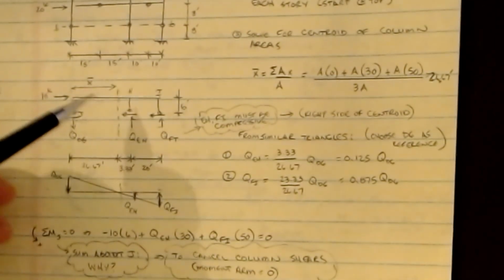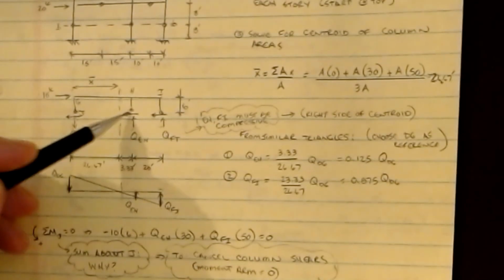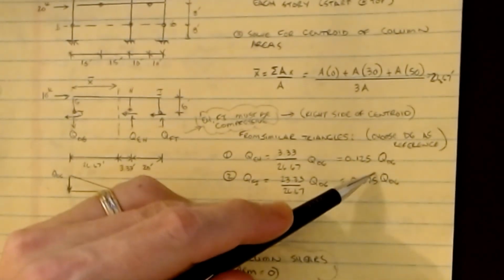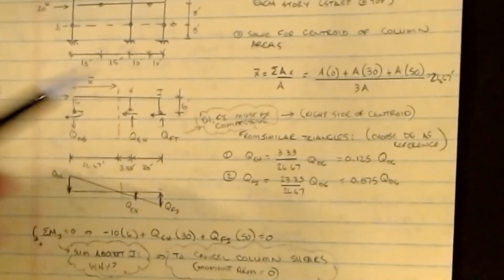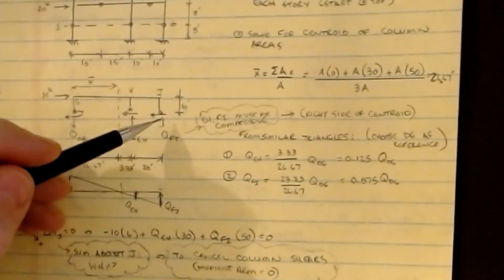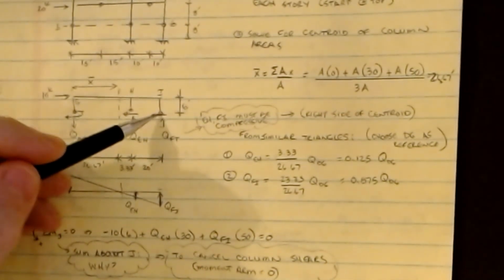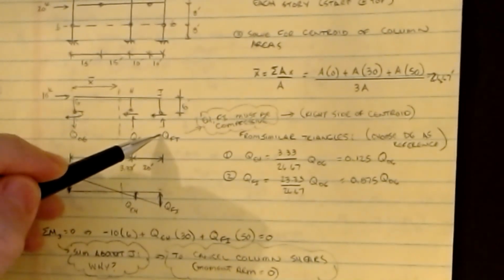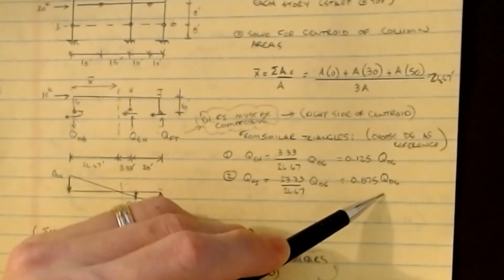Then to counter that, I get QEH multiplied by 30 feet, but we have an expression for QEH in terms of QDG. And then I also get another 50 feet to get out to the outer one, and it's multiplied by that value, which we also have a function for in terms of QDG, this guy.